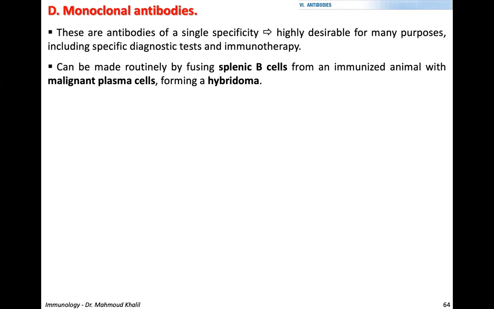As you know, B cells differentiate into plasma cells, which secrete antibody. The hybridoma generated is very efficient in continuous secretion of an antibody to a specific epitope.